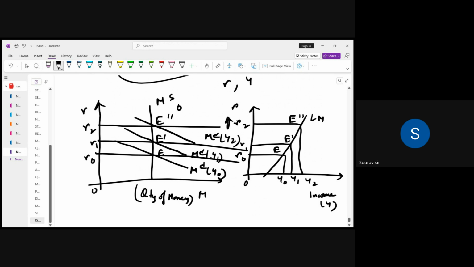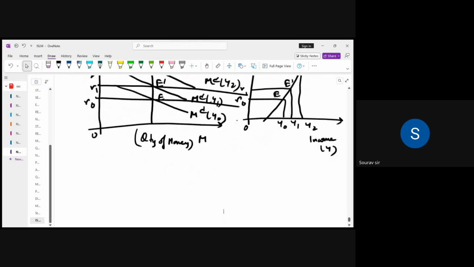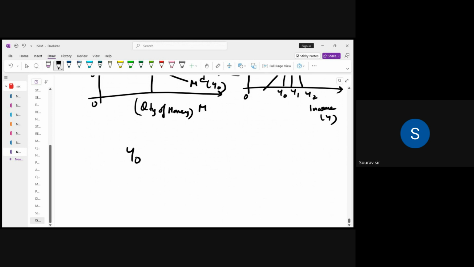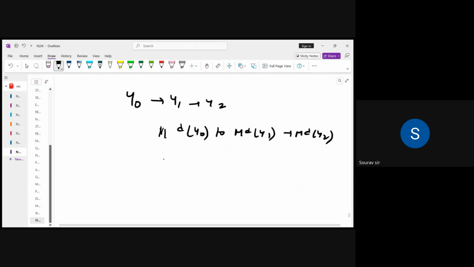Okay. So from this diagram, see how the LM curve is derived. Part A shows that with the increase in income, say from Y0 to Y1 to Y2, the demand curve for money shifts from MDY0 to MDY1, then to MDY2. So in order to restore equilibrium, the rate of interest has to rise from R0 to R1 to R2 as income increases from Y0 to Y1 to Y2.